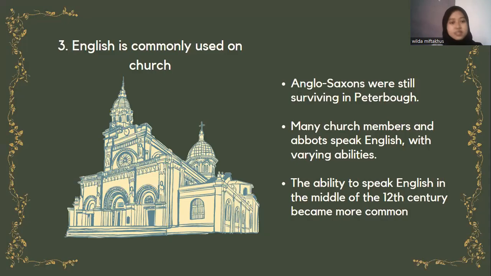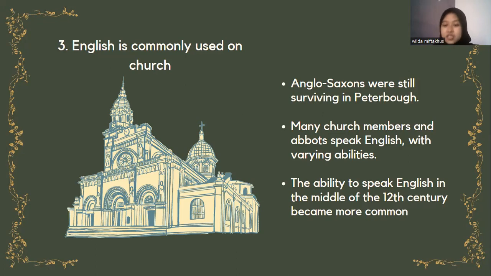And last of the result is that English is commonly used in the church. Wulfstan of Worcester was the only bishop of Old England to maintain his position. In 1154, the Anglo-Saxons were still surviving in Peterborough. Many church members and abbots spoke English with varying abilities, such as Gilbert Foliot of Normandy, Hugh of Norman, and Bert of Saint Edmunds.